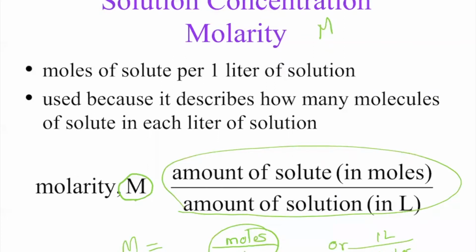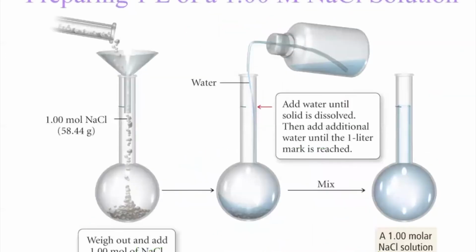Now, every time you see M, immediately change it to moles per liter, so you can understand what that means. Let's say I ask you to prepare in lab 1 liter of this concentration.